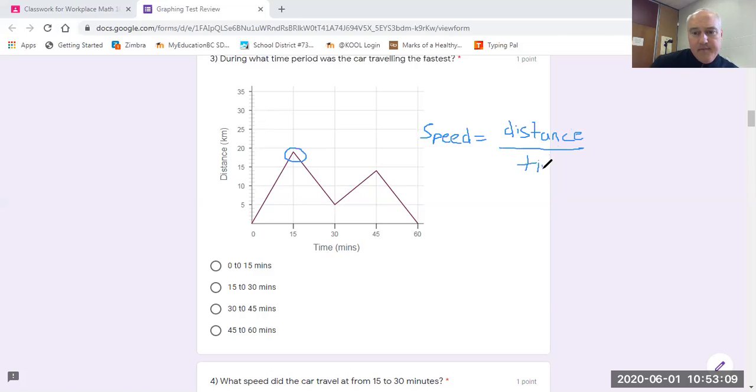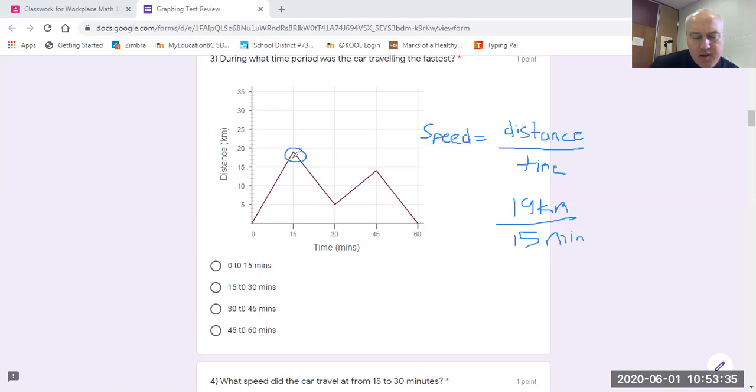So right here, what I can see is that I traveled, it would look to me to be 19 kilometers in 15 minutes. And so we don't need to know the speed per se, we don't have to calculate that yet, but what we can see is that this is where I traveled further.